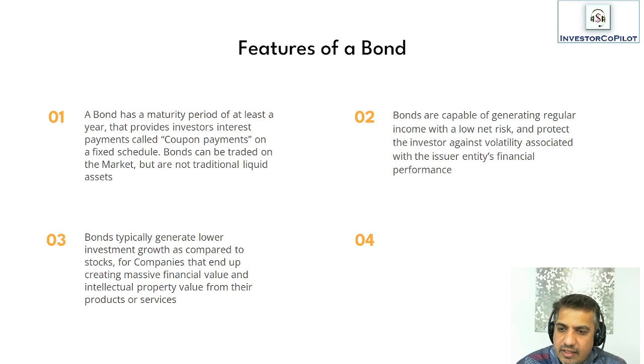Bonds typically generate lower investment growth as compared to stocks for companies that end up creating massive financial value and intellectual property value from their products or services. So, case in point here is Tesla or Microsoft or Apple, who have been able to create massive financial value and market capitalization for their innovation.